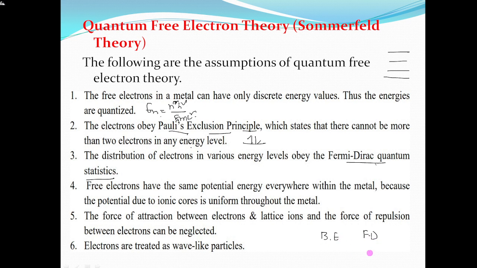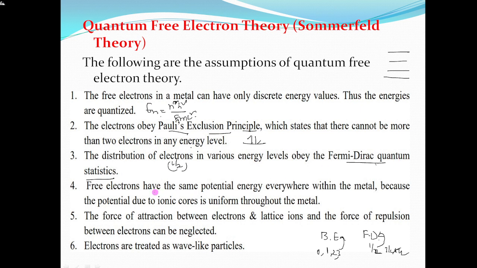Half integral spin particles obey Fermi-Dirac. If it is a photon, spin 1, or spins 0, 1, 2, 3, all these spins obey Bose-Einstein. Half, 3 by 2, 5 by 2, half integral spins obey Fermi-Dirac. So the electron is having spin half, it obeys the Fermi-Dirac distribution function.